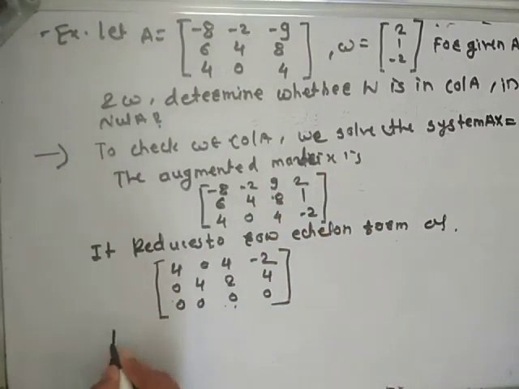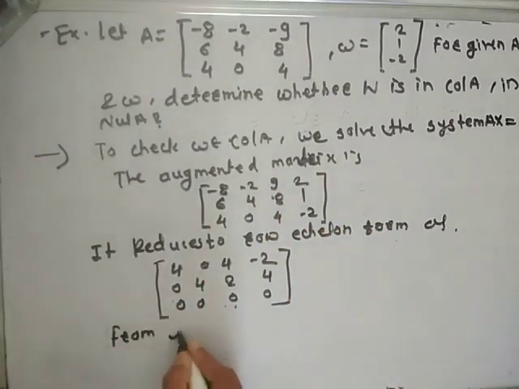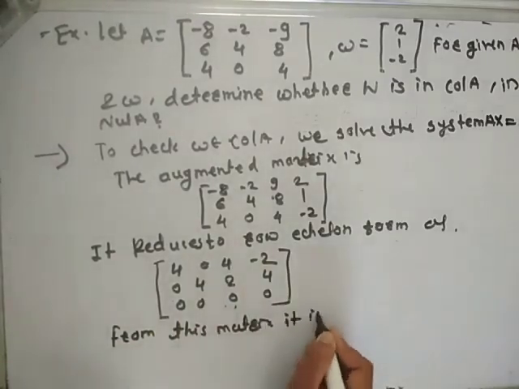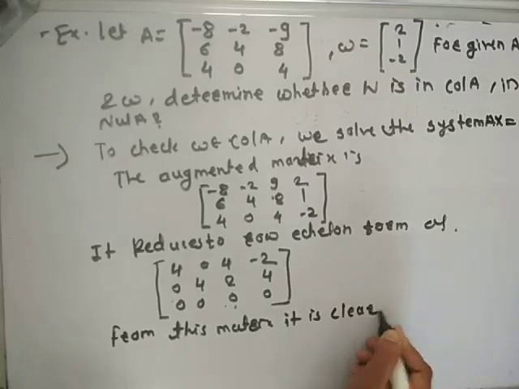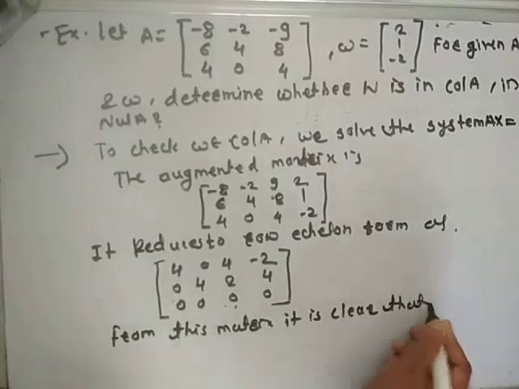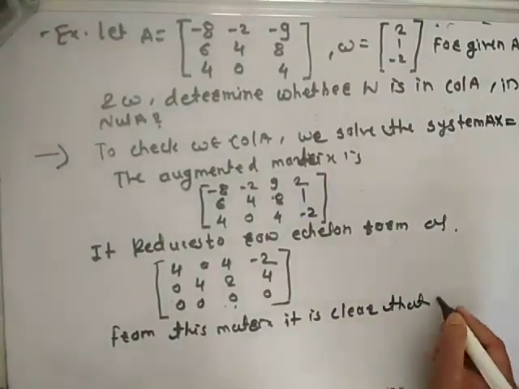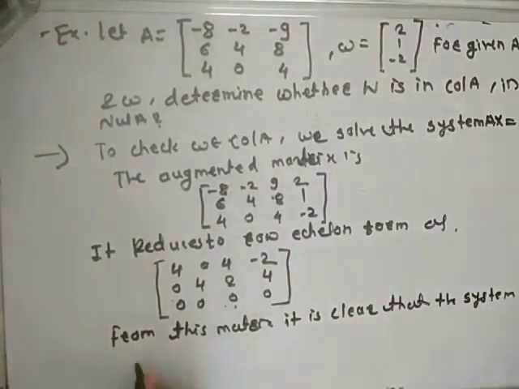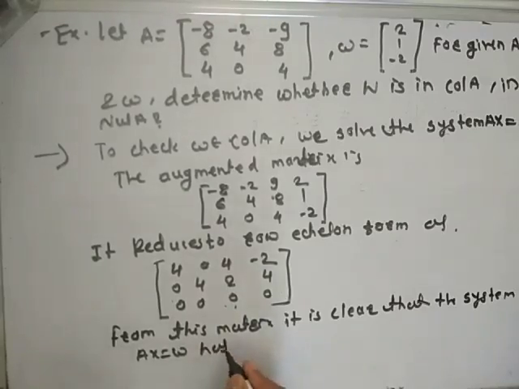From the above form of the augmented matrix, it is clear that the system AX equals W has infinitely many solutions. That's why it is consistent.